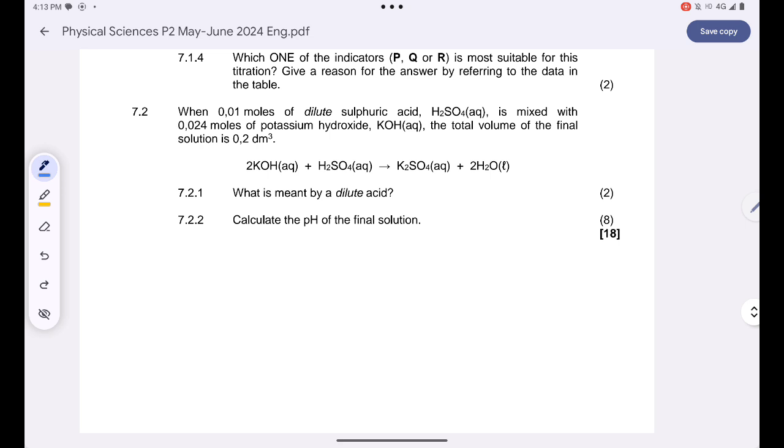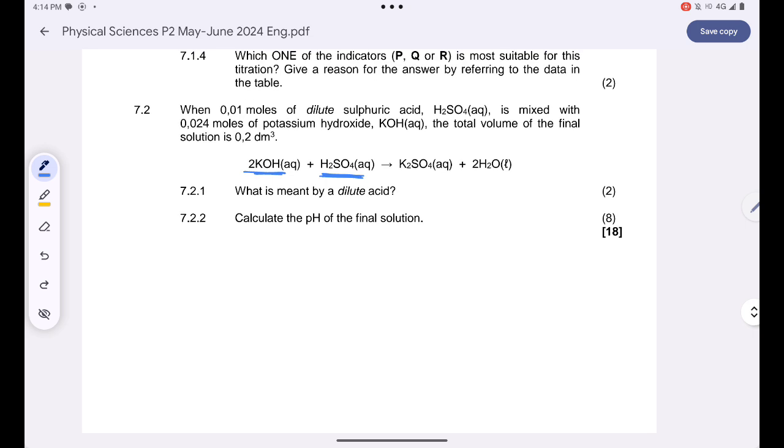Now they want us to calculate the pH of the solution. They are mixing a strong acid and a strong base together. So the substance that will determine the pH will be the reagent in excess. If our KOH is in excess, that means our pH must be greater than 7, and if our H2SO4 is in excess, that means our pH should be less than 7, because the entire solution will be acidic.